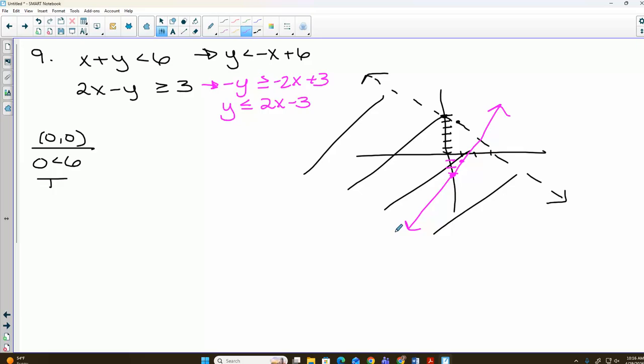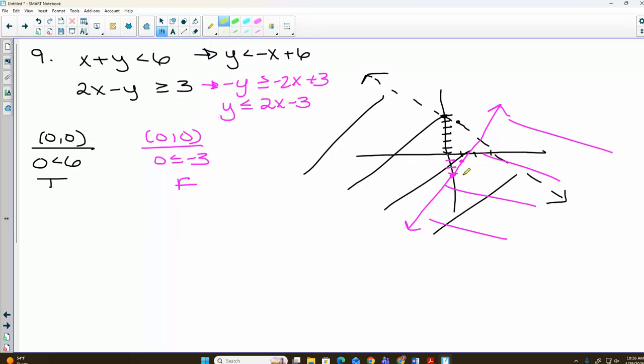All right, and then we have to decide where to shade. So if you put in a point, like 0, 0, you get 0 is less than or equal to -3, which is false. 0, 0 is right here, that's false, so we're shading on the other side. So our overlap region is this right here. And remember, you have to make sure that's darkened in so I can clearly tell where your solution is.